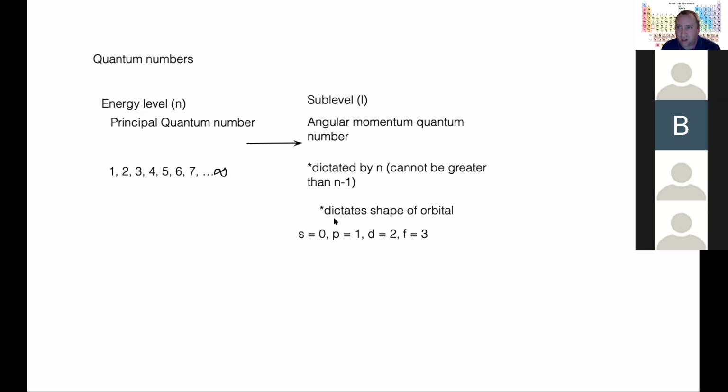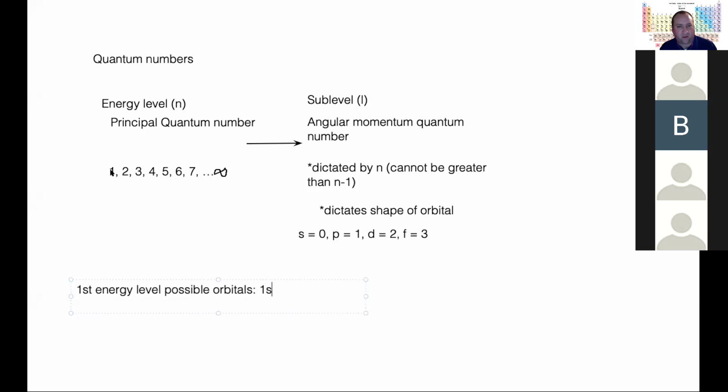If we don't know the shape, the quantum number can tell us what the shape is, and we furthermore can understand that the quantum number itself can't be any bigger than n minus 1. So that means in the first energy level, the possible orbitals that can exist in that energy level is only one, the 1s.